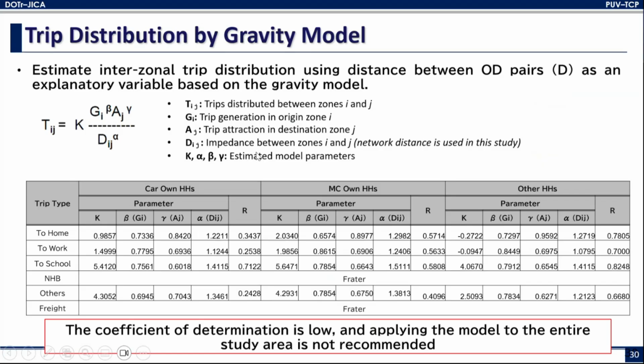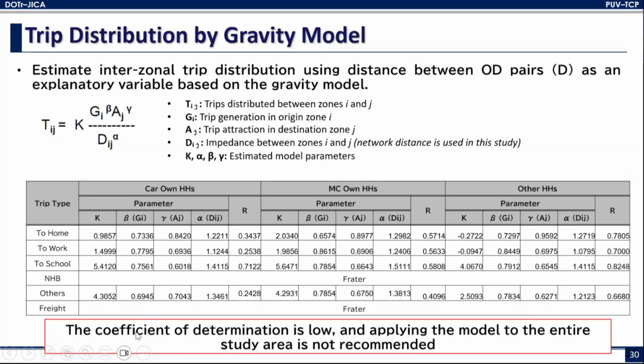Then I drafted the gravity trip distribution model and estimated the interzonal trip distribution using the distance between the OD pairs as an explanatory variable. I also prepared the distribution models by vehicle ownership groups, and I prepared each parameter, including K, beta, gamma, and alpha.